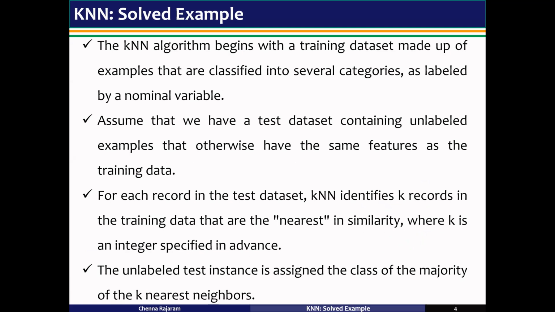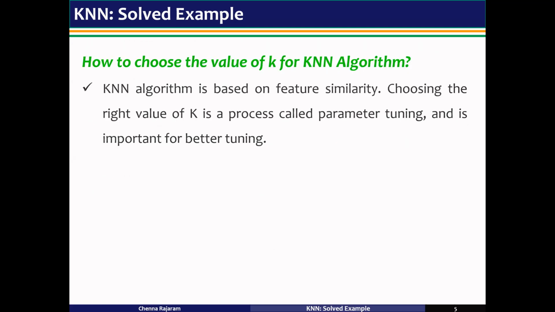For each record in the dataset, KNN identifies K records in the training data that are the nearest in similarity, where K is an integer specified in advance. The unlabeled test instance is assigned the class of the majority of the K nearest neighbors.